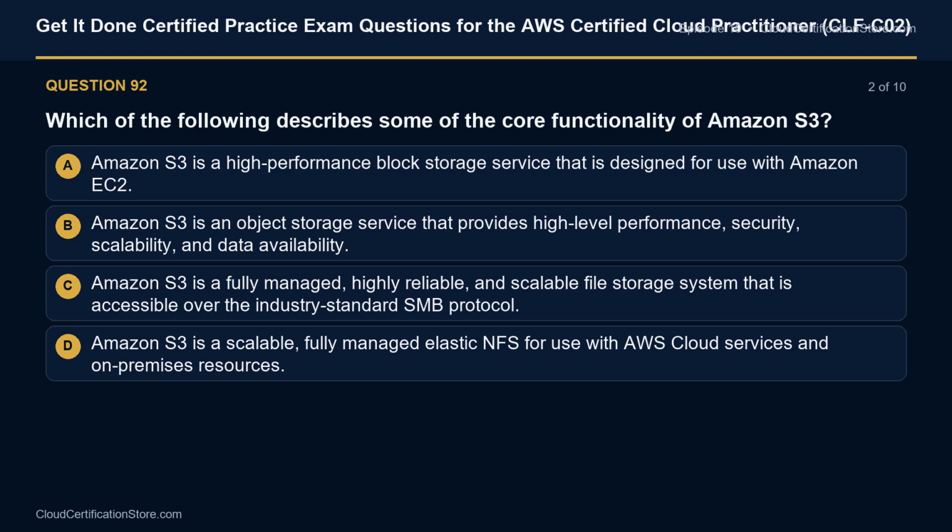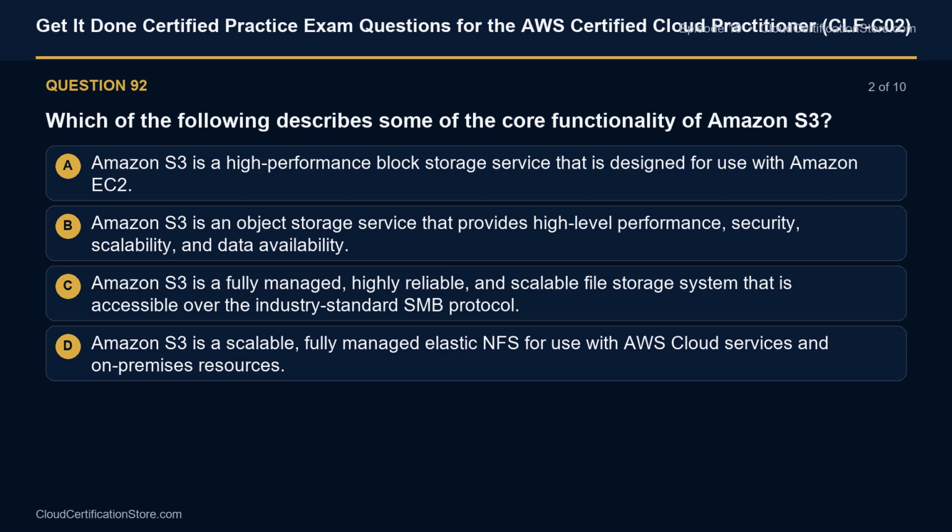Question 92. Which of the following describes some of the core functionality of Amazon S3? Option A. Amazon S3 is a high-performance block storage service that is designed for use with Amazon EC2. Option B. Amazon S3 is an object storage service that provides high-level performance, security, scalability, and data availability.